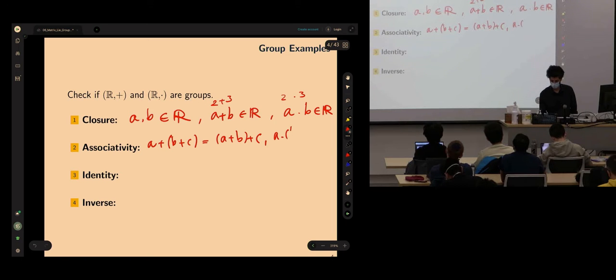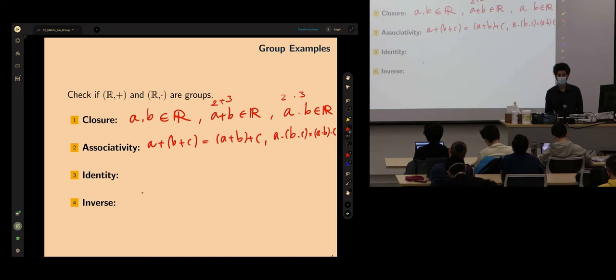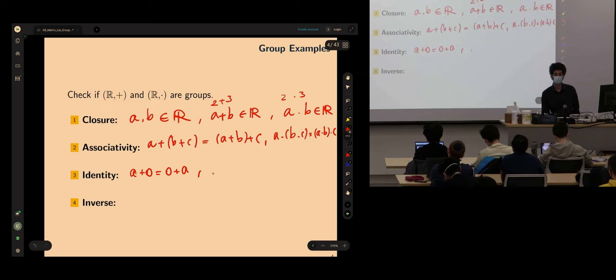Same holds for the other group. The identity element of real numbers with addition is 0. So a plus 0 is the same thing as 0 plus a, which is, of course, a. For the multiplicative group, it is 1 times a equals a times 1.